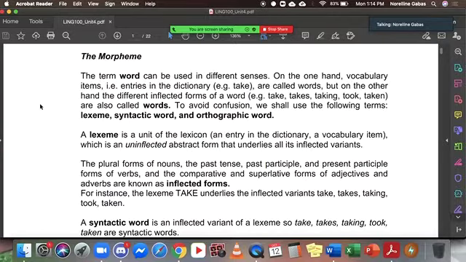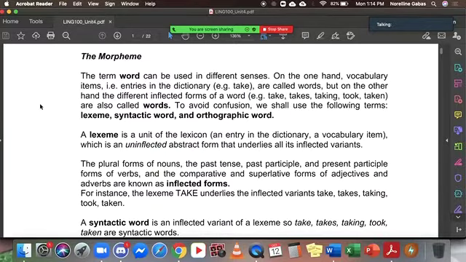Okay? For instance, the lexeme take underlies the inflected variations. Take, as if we're going to use it in the plural present tense: we take the bus for Manila. Then, kunyari, she takes the bus every day. Taking: she is taking the bus to work.